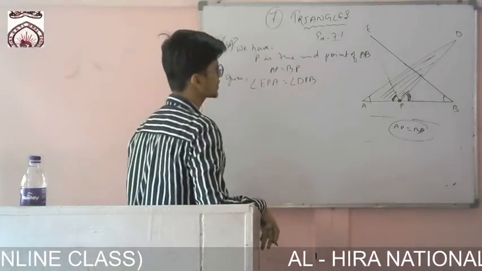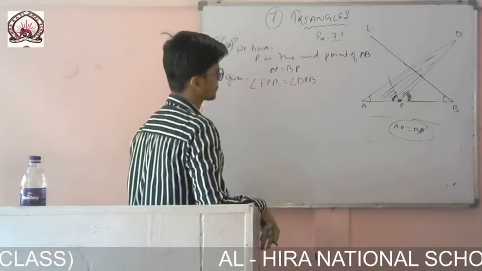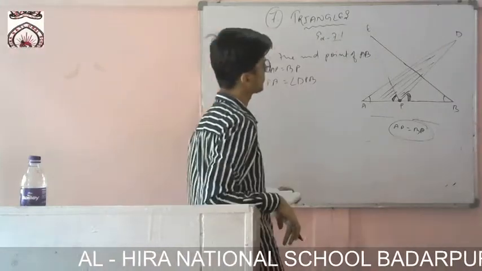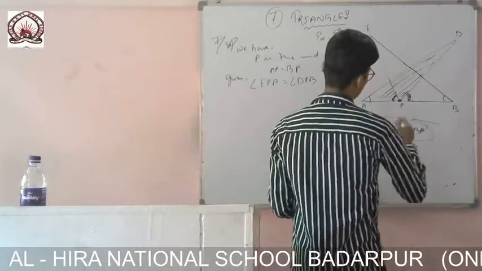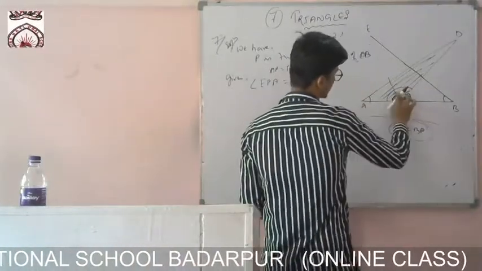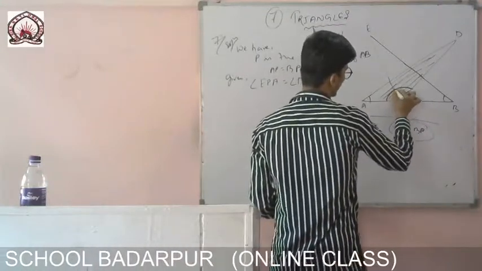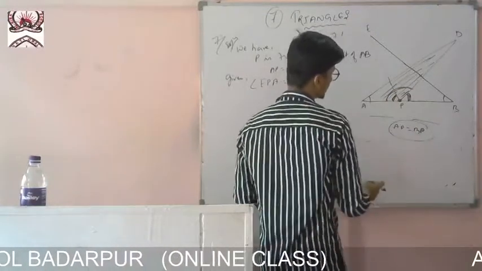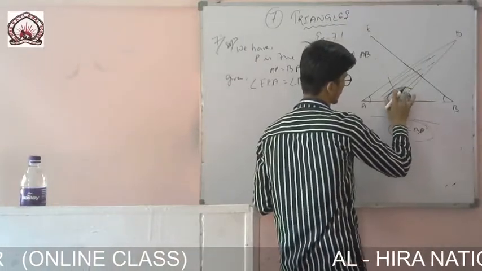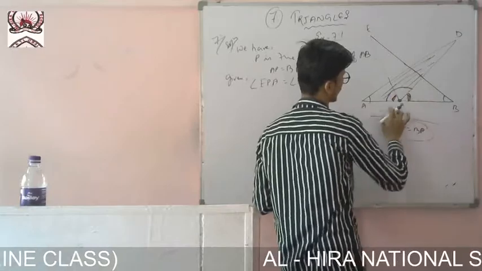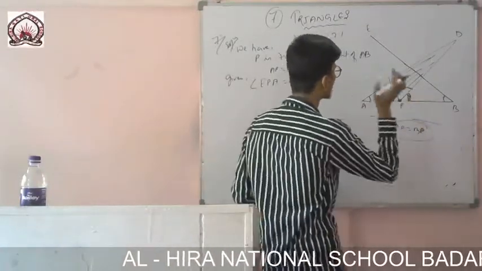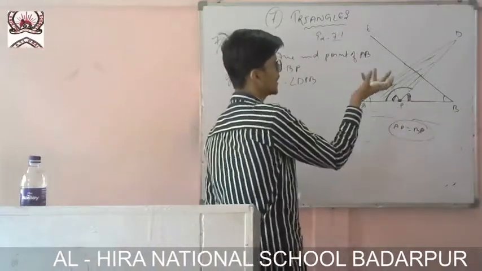So now you see one thing. I need this whole angle. But only this part is there. Okay, let me erase this thing so you can see it nicely. Now you see. I need this whole angle. As we did earlier, we have added something so that I can get the whole angle.